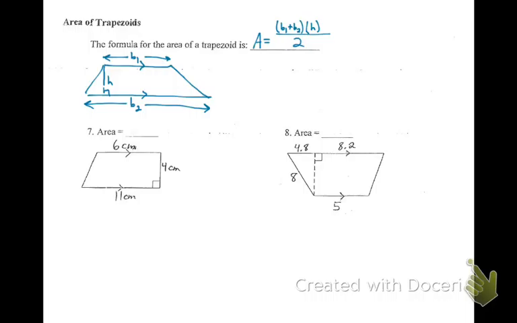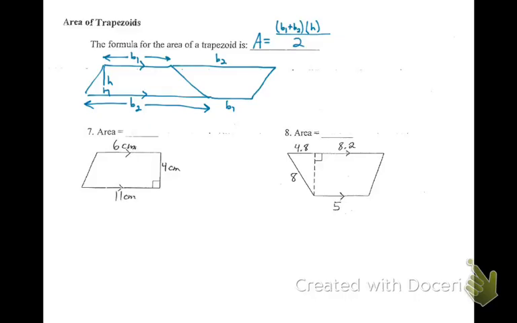Now that's kind of like an area formula that's just like the triangle formula, but it's also kind of like the parallelogram formula. I just want to show you something so you can understand where this formula is coming from. If I were to take this trapezoid, flip it upside down and match it on top of what I have, I would get something like this, where base 1 is down here and base 2 is up here.